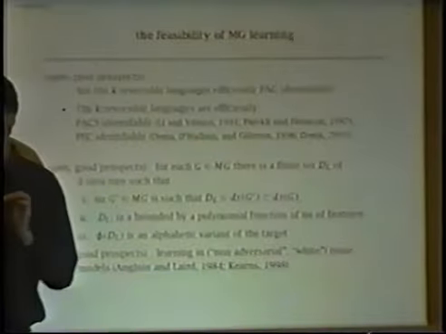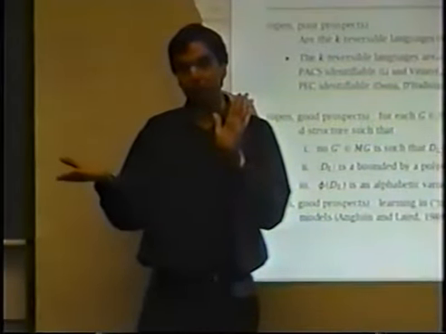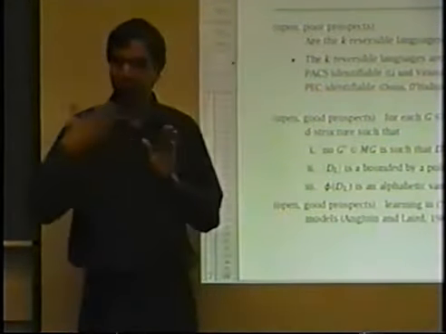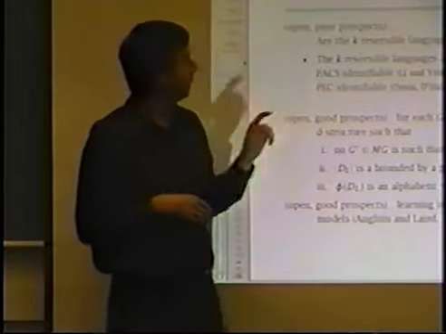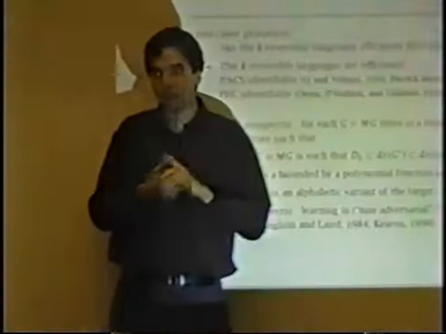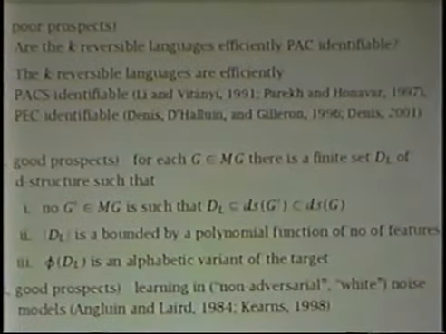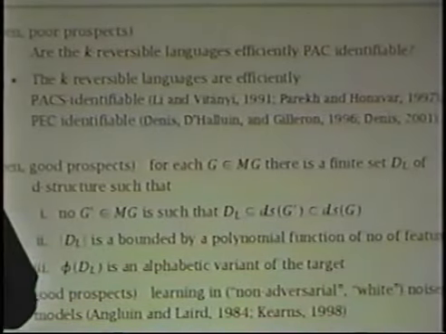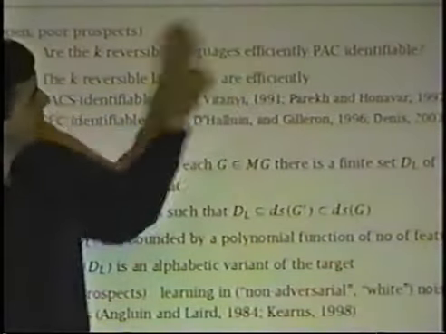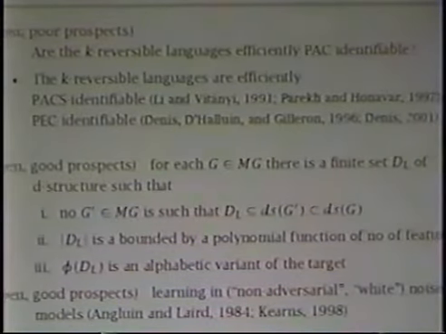So you imagine there's a distribution over the sampling space, and you draw some number of samples from this space and try to conjecture a grammar for the concept that you're learning. And the criterion is not exact anymore.